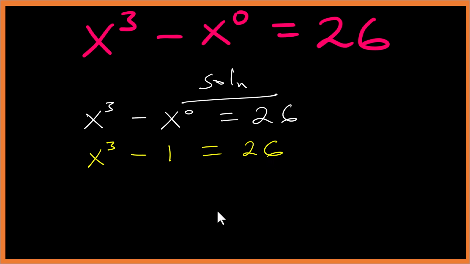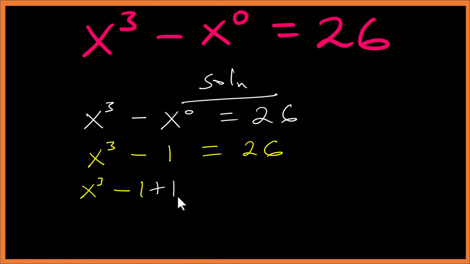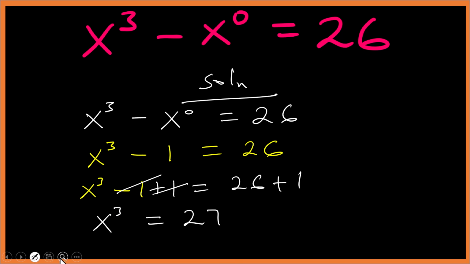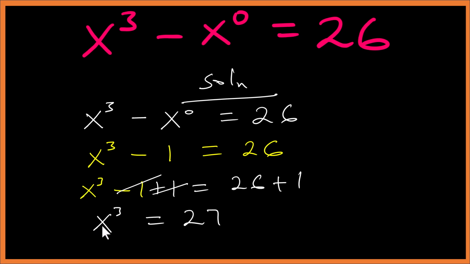Now we can add 1 to both sides. So x cubed minus 1 plus 1 equals 26 plus 1. This side gives x cubed equals 27. If we decide to take cubes on both sides, it will limit the solution.